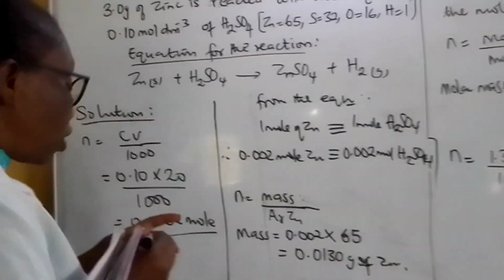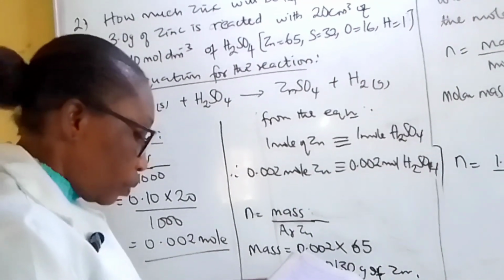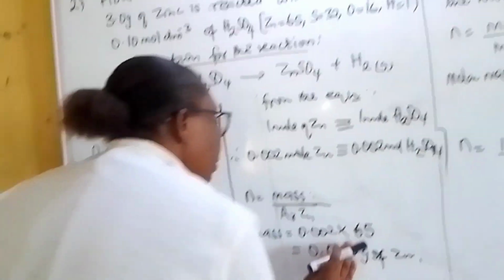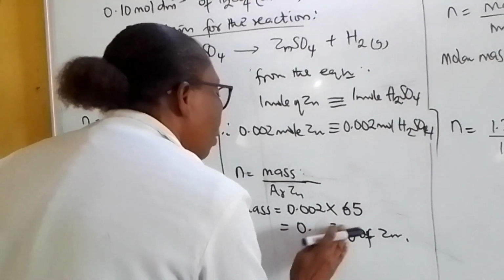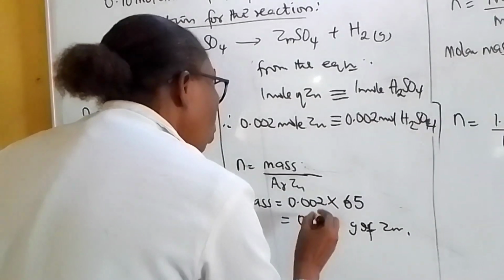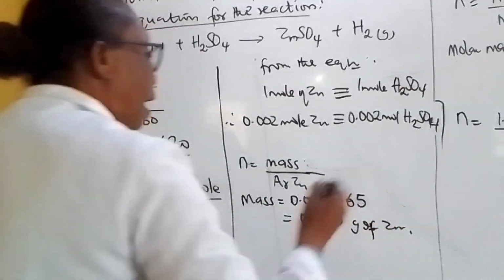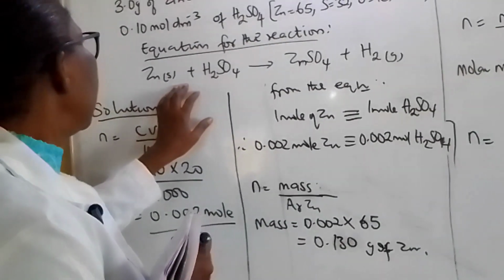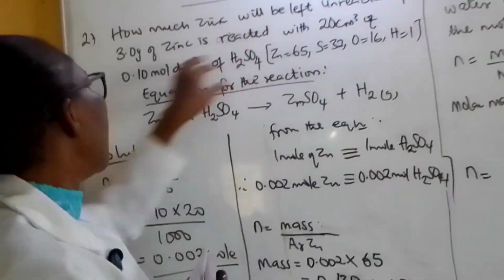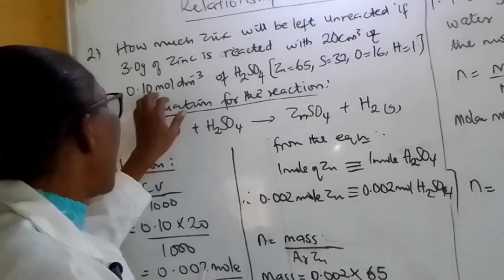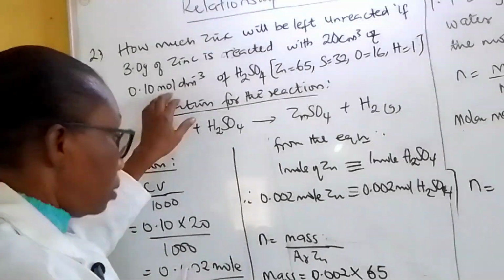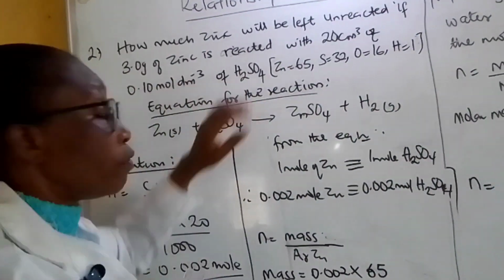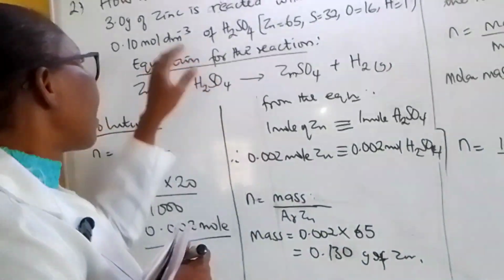So 0.130 gram of zinc is what actually reacted with this 20 cm cube of 0.10 mole per dm cube of the acid. That's the mass of zinc that reacted.